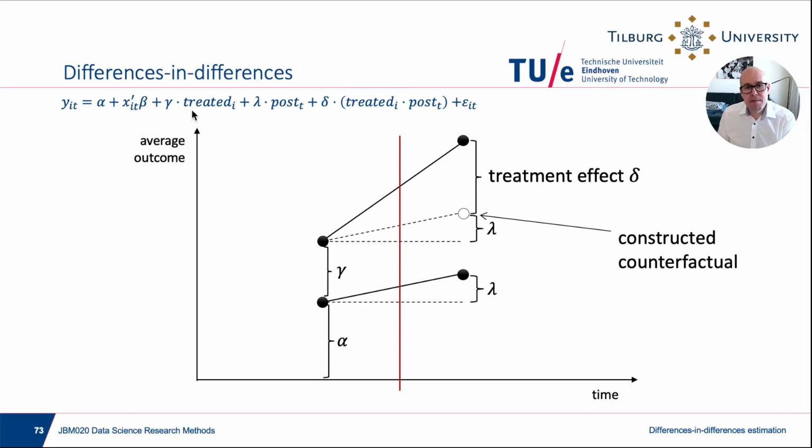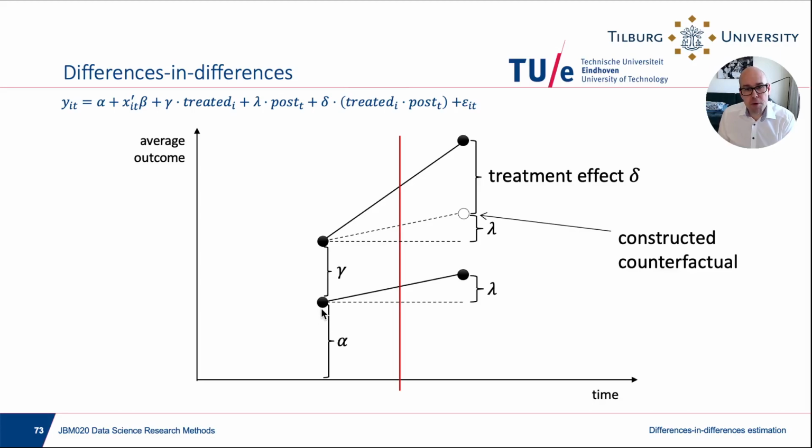Then you see treated is equal to 0, so we're going to look at the control group, and post is equal to 0, so we're going to look at the pre-period. Then what we're going to get is alpha, and that's it, right? Because also this term here is going to be 0, and this is exactly this alpha here. So this data point here is going to be alpha in terms of the average outcome.